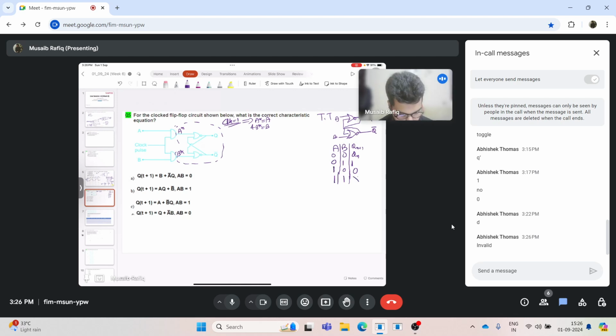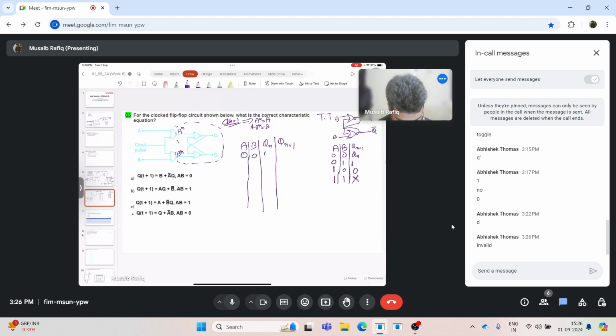So invalid is represented by X, right? Now from this truth table I will construct a characteristic table. So how will I construct it? I will write A, then I will have B, then I will have Qn, and then Qn plus 1.